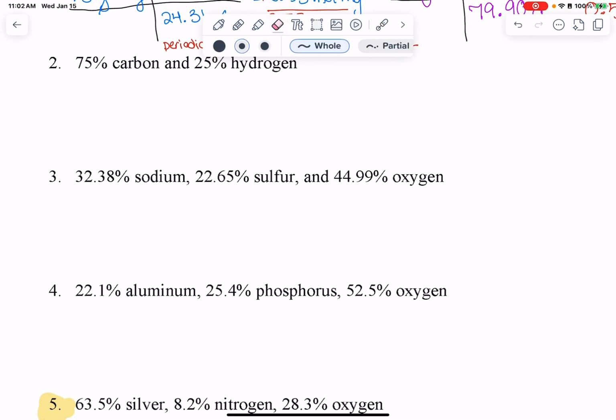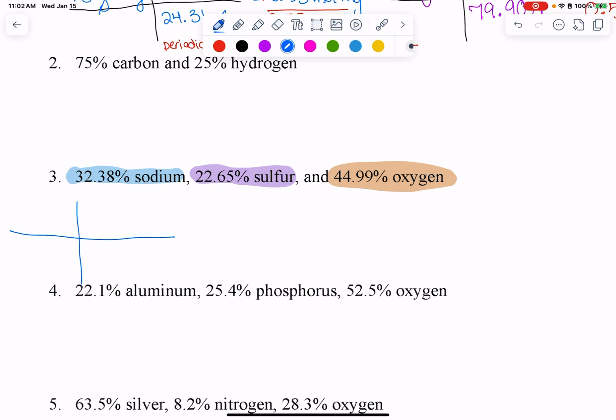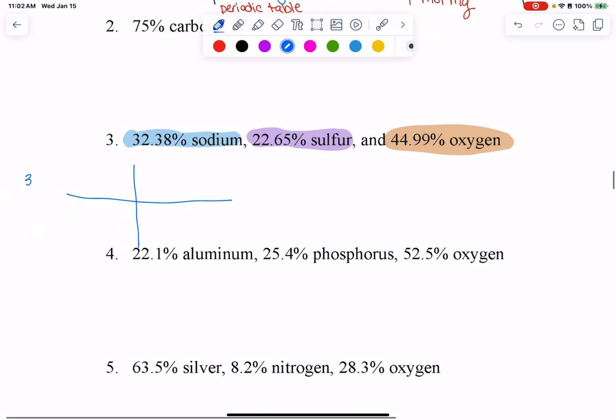So number 3, if we work through this, I'm going to color code again. So let's do blue, purple, and orange this time. Setting up our first table of sodium, I am going to take the percentage that you're given, 32.38, and we're going to change that to grams of sodium.